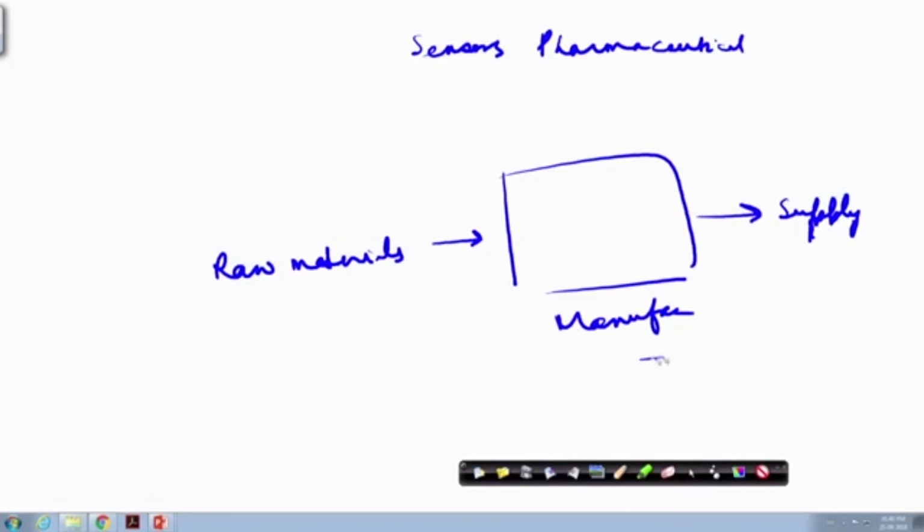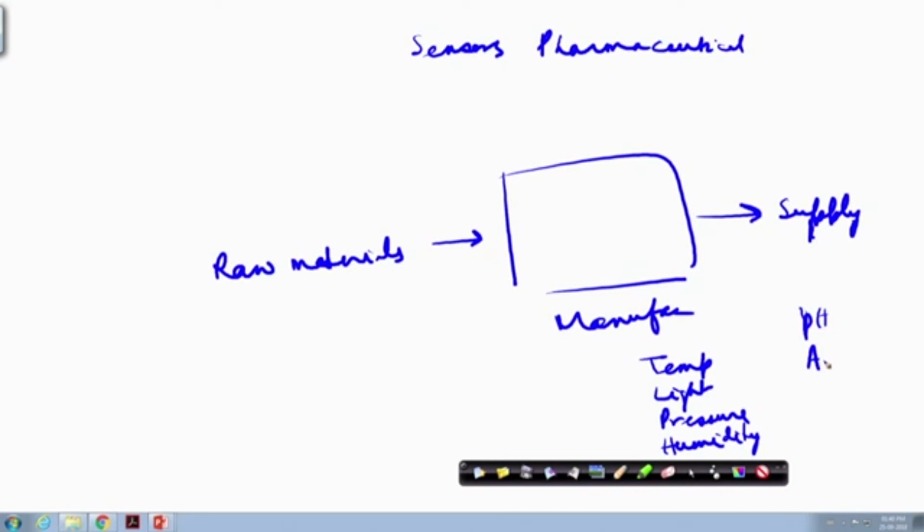So, let me just write the names of some of these sensors. So, temperature sensor, light sensors, then you have pressure sensors, maybe humidity sensor, and if you have some kind of chemical reactions, different chemical sensors for detecting maybe the pH level, right.